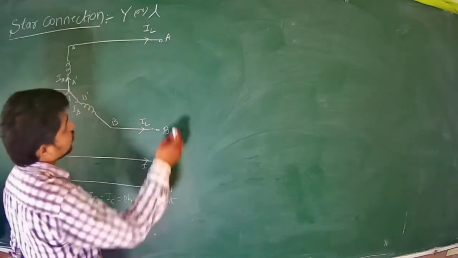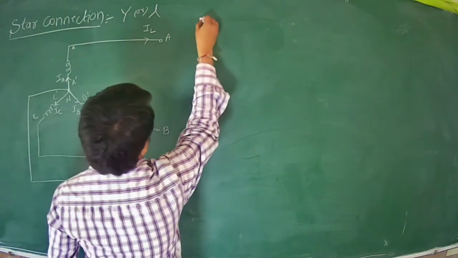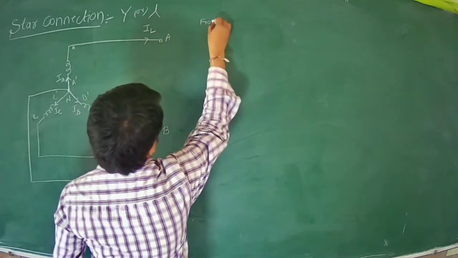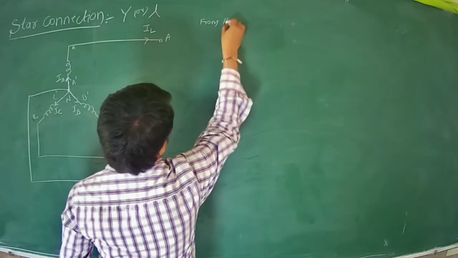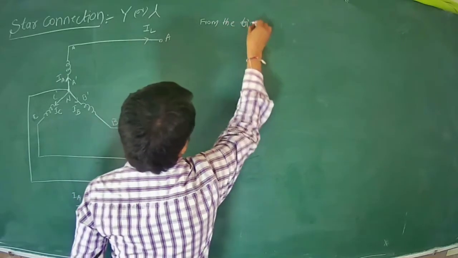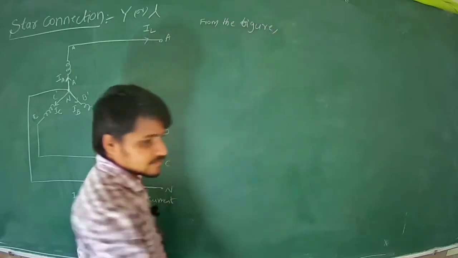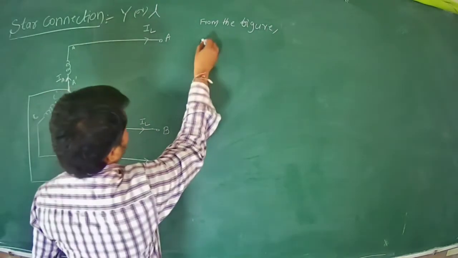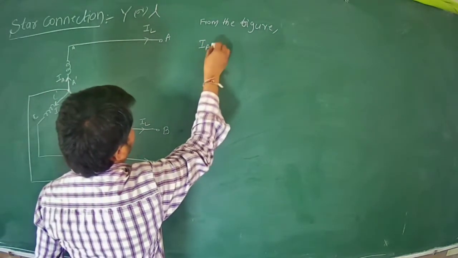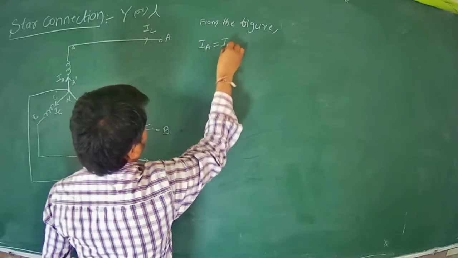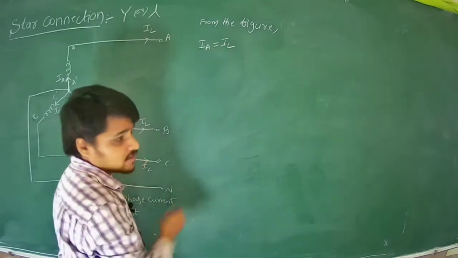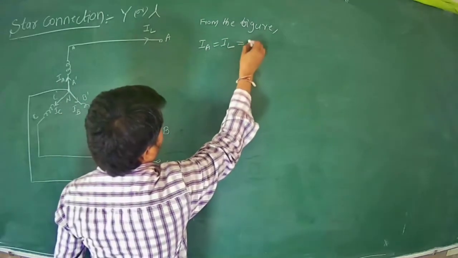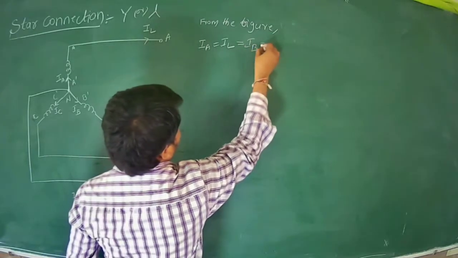Now from the figure, we can say that this phase current IA is equal to IL, and it is also equal to IB equal to IC.